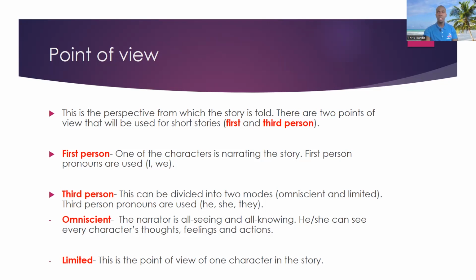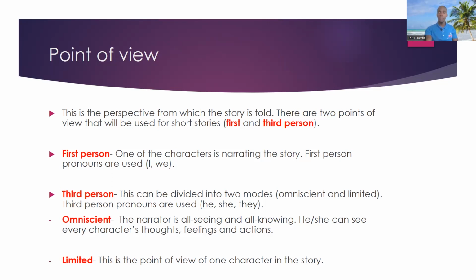So the omniscient is sometimes referred to as godlike, right? Because he or she is all-knowing. Because in the omniscient, the narrator knows everything about every character. So every character essentially is representing themselves, right? So we get insight into each and every character within the story.